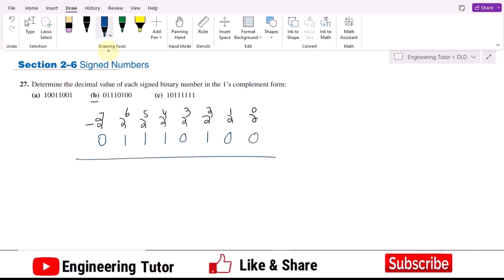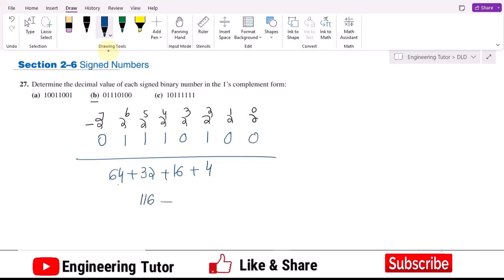Now converting it and multiplying each bit with the corresponding value, here 0 0, here it will be 4, plus 8 multiplied by 0, this is 16, plus 32, and this is 64. Converting them to the decimal equivalent, 64 plus 32 is 96, 96 plus 4 is 100, and this is 116.